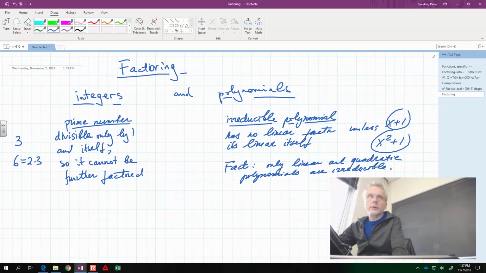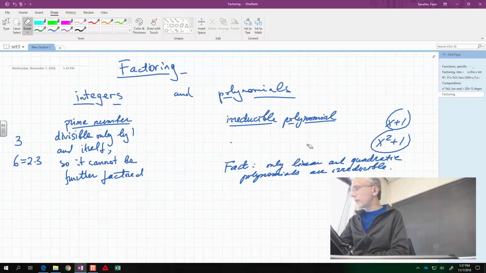So in other words, a cubic polynomial can always be factored. I don't think I put it the right way. Let's just say it cannot be further factored. I think that's a better way to put it.